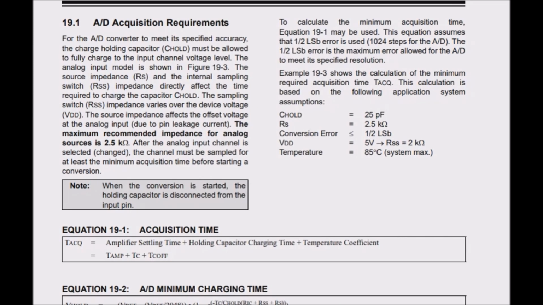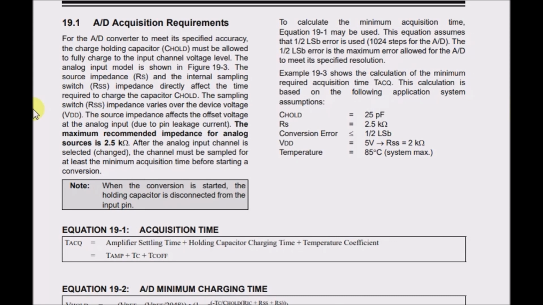The source impedance, RS, and the internal sampling switch, RSS, impedance directly affect the time required to charge the capacitor, CHOLD. The sampling switch, RSS, impedance varies over the device voltage, VDD.